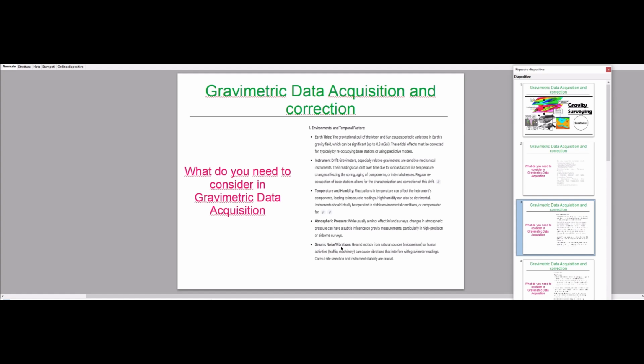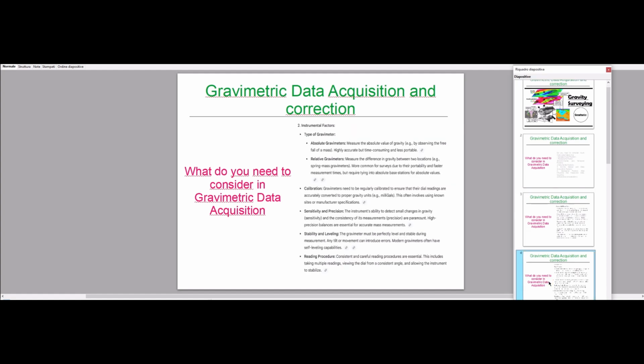Seismic noise, vibration, ground motion from natural sources, microseismic or human effects can cause vibration that interferes with gravimeter readings. Careful site selection and instrument stability are also crucial.